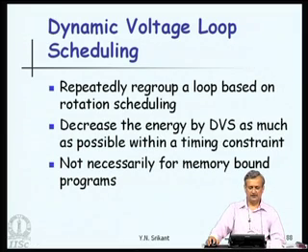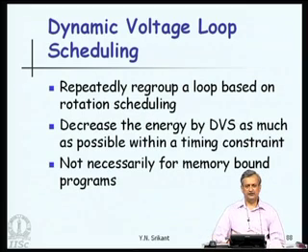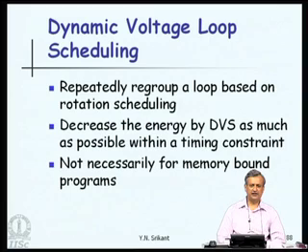Now let us see how dynamic voltage loop scheduling is done. Why should we look at a different technique for loops? The reason is twofold. One is, suppose we have programs which are not necessarily memory bound.